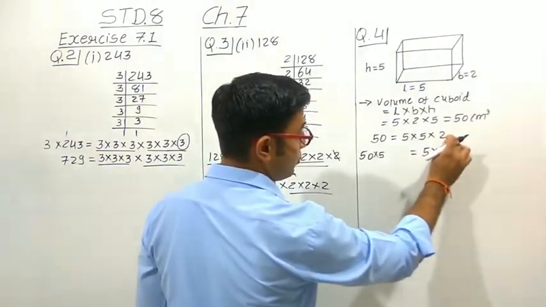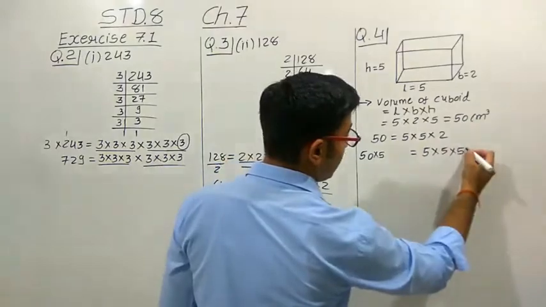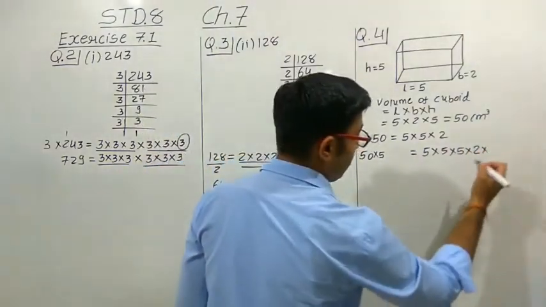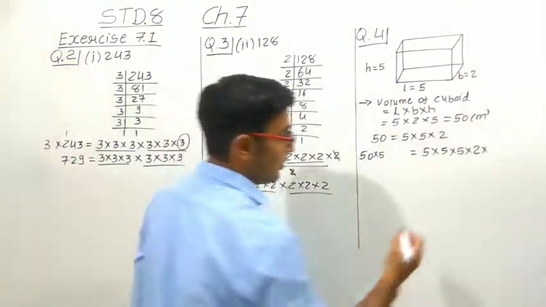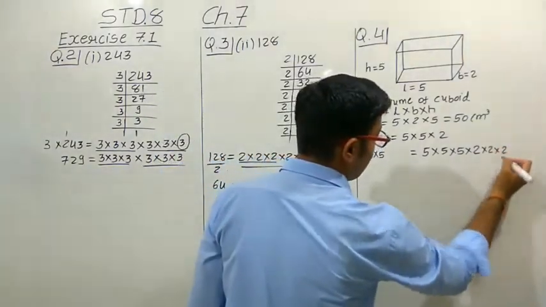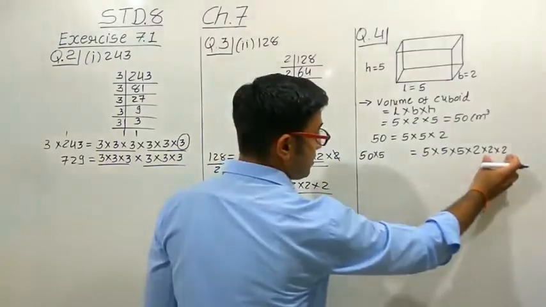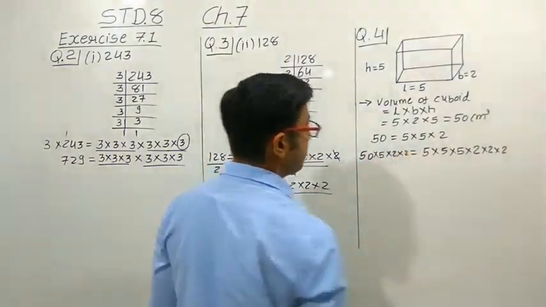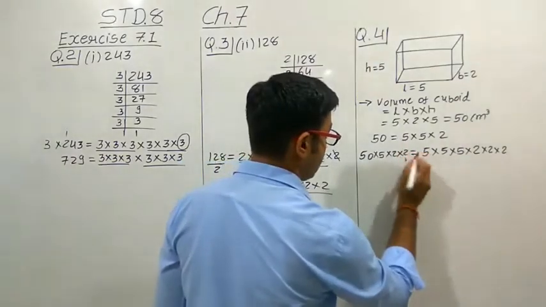Now let us do the same thing for the 2. Here 2 is only one time. So to make a group of three same prime factors, we have to multiply with two more 2s. This same number we have to multiply on this side also.